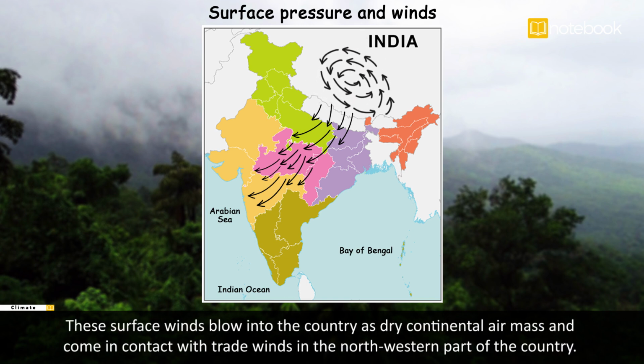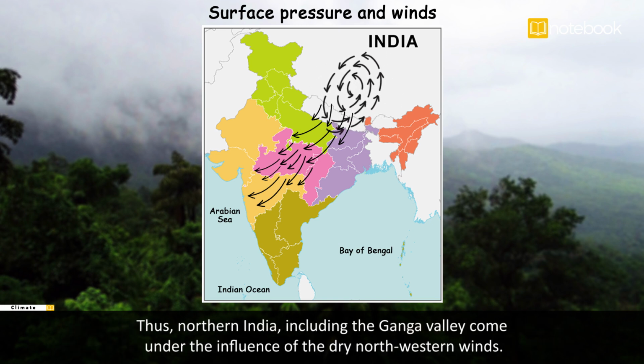These surface winds blow into the country as dry continental air mass and come in contact with trade winds in the northwestern part of the country. Thus, northern India, including the Ganga Valley, comes under the influence of the dry northwestern winds.